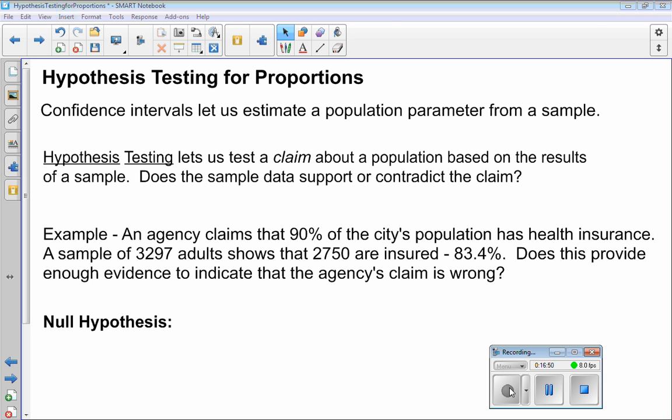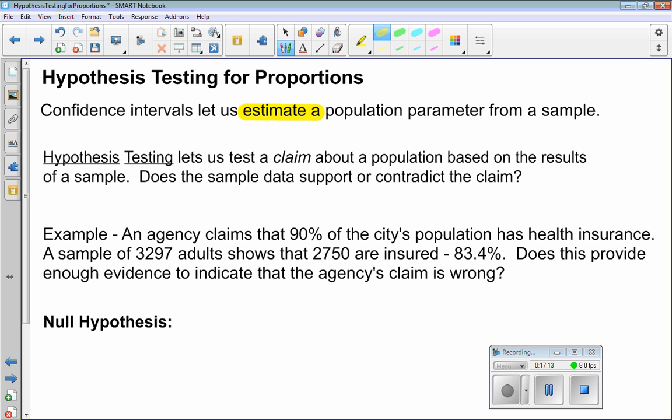That's pretty important because if you're asked for an estimate, that is your clue. That's a key word that tells me I need to find a confidence interval. On a quiz or a test, and even on the AP exam, it might not always say create a confidence interval. It might say create an estimate. That would be a confidence interval.